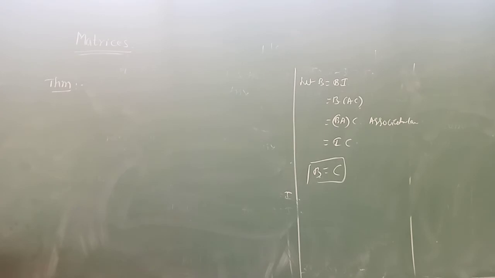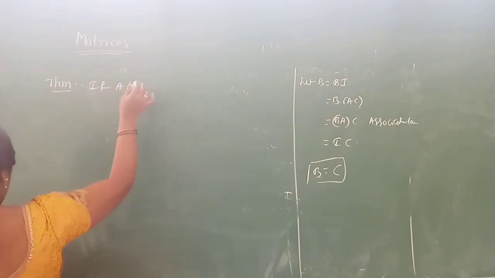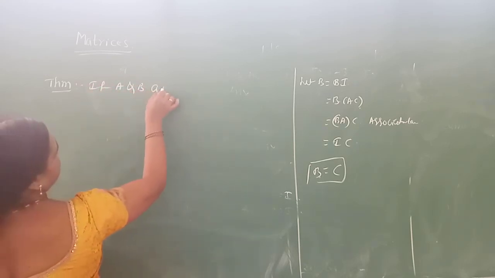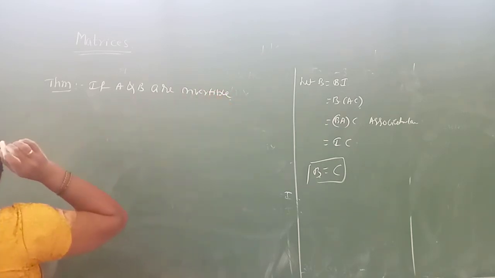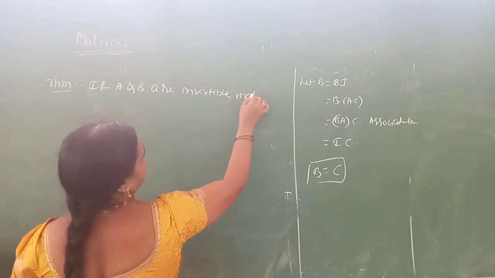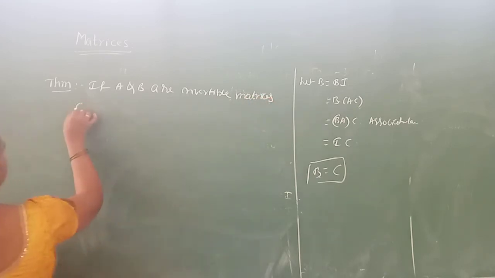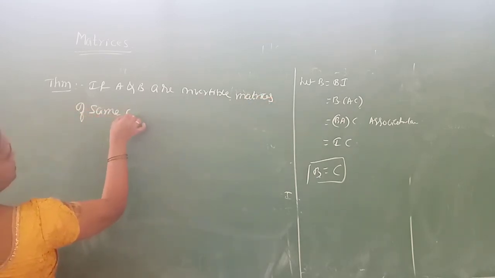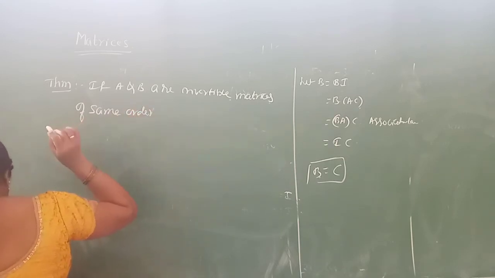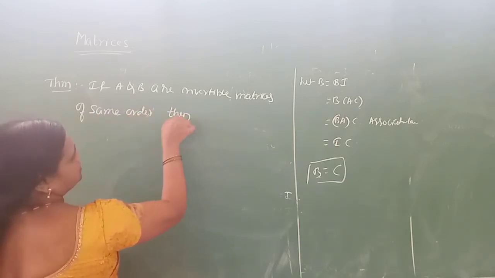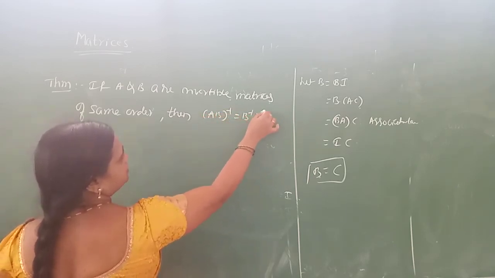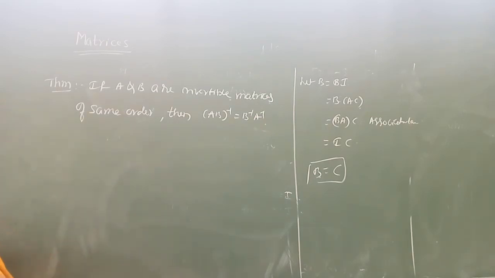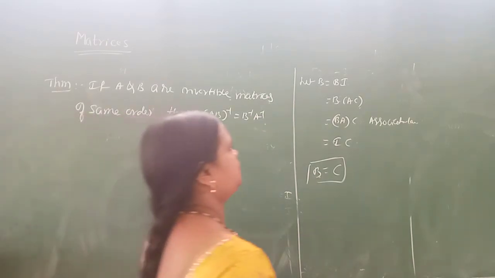I will take the next theorem. If A and B are invertible matrices of the same order, then the inverse of AB is B inverse A inverse.